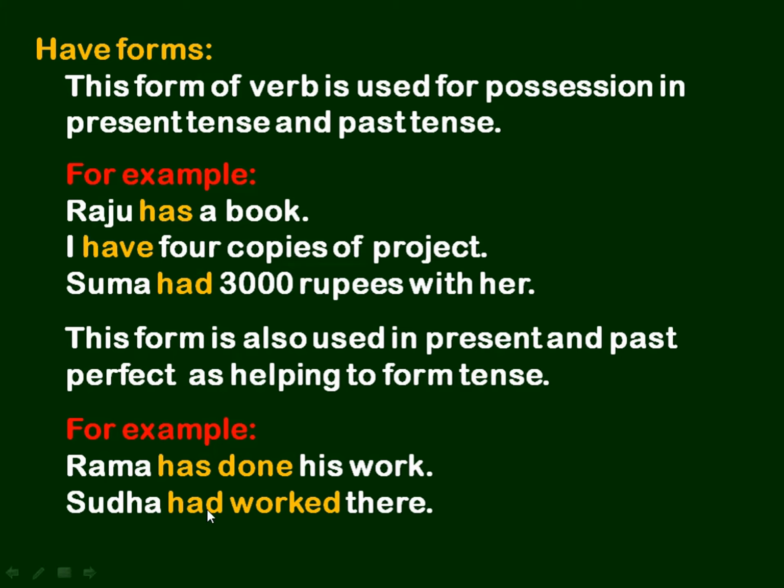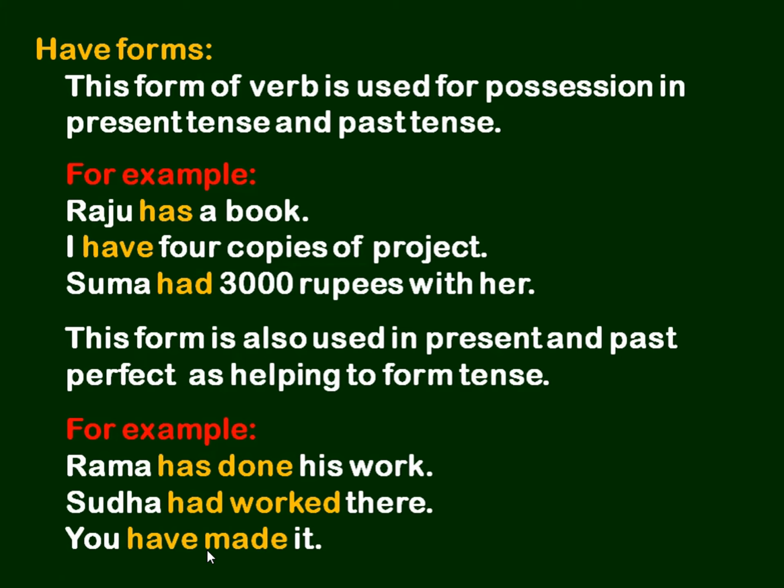Had is simple past form, but we used it in past perfect tense because to form past perfect tense we need have form here. So had is a past perfect form, so we used had here. Then you have made it, so present perfect. You agrees with have here, so I used have. You have made it, so present perfect.